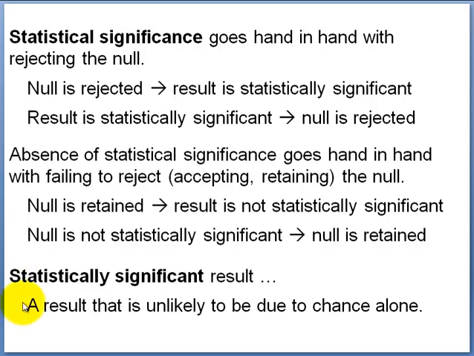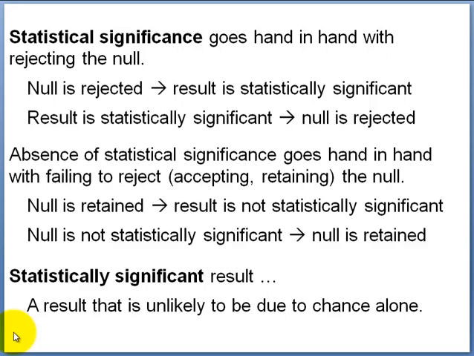As a general definition, when we say that a result is statistically significant, what we're really saying is here is a result that is unlikely to be due to chance alone. Thinking back to our first coin flip example, we got 9 heads out of 10, and we concluded that given a true null of an unbiased coin, the probability of getting our result simply due to the luck of the draw, as the sampling distribution showed us, was 0.02.